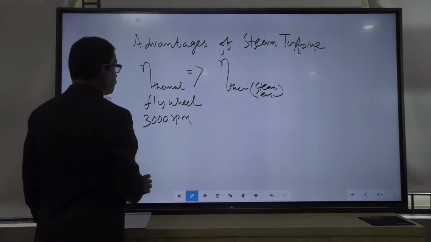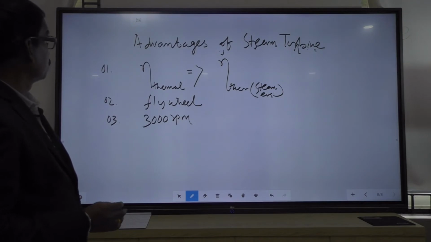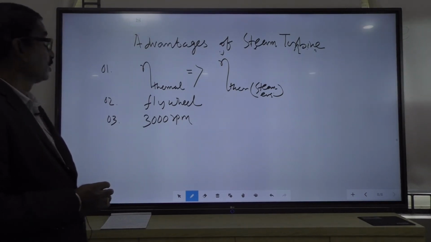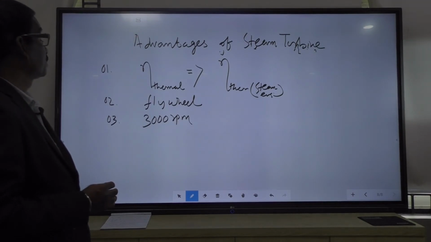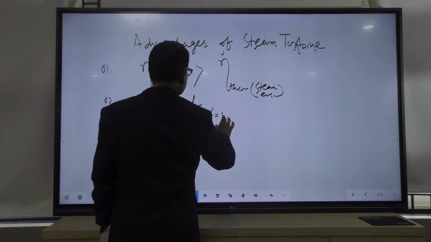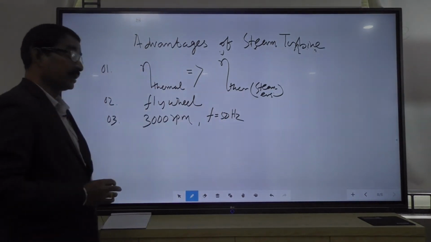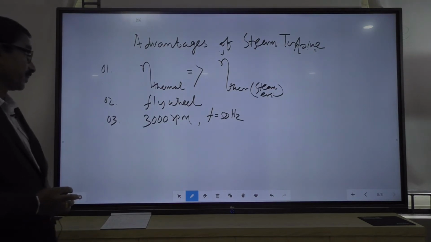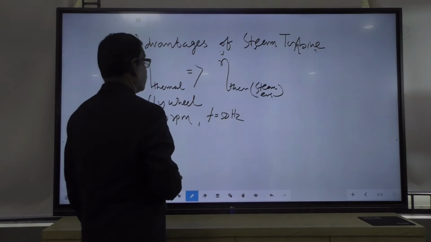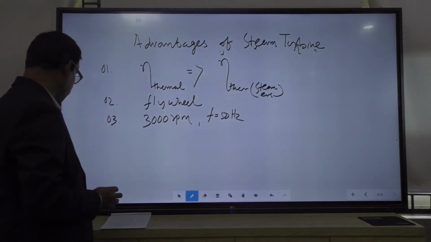In any steam turbine, any steam power plant, the turbine rotation is always limited to 3000 rpm as per the frequency of generation in India, which is 50 hertz. So this limits the turbine so that it should not rotate more than 3000 rpm. But in a steam engine, the rpm is very low, about 1000 maximum.